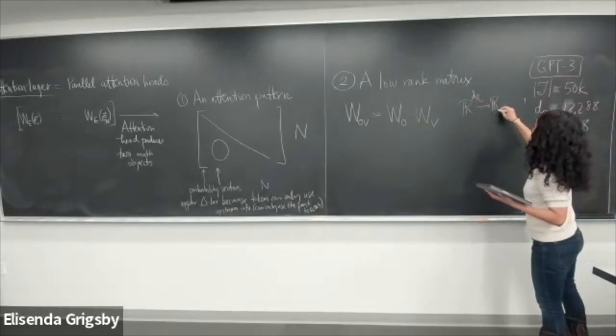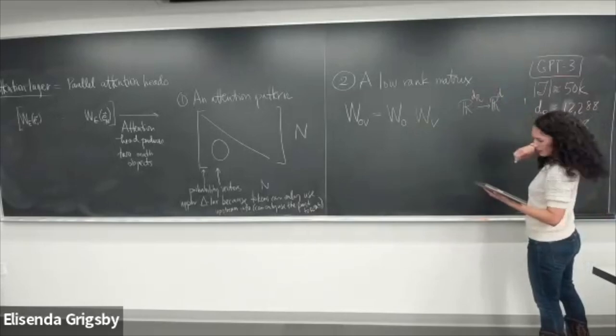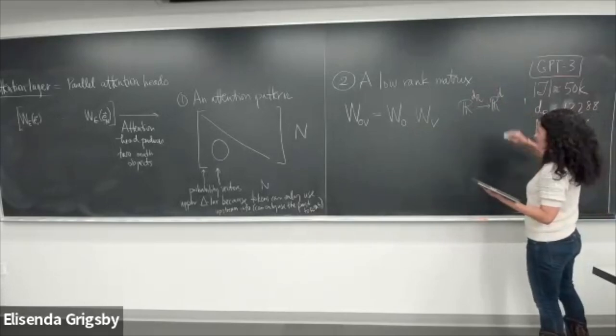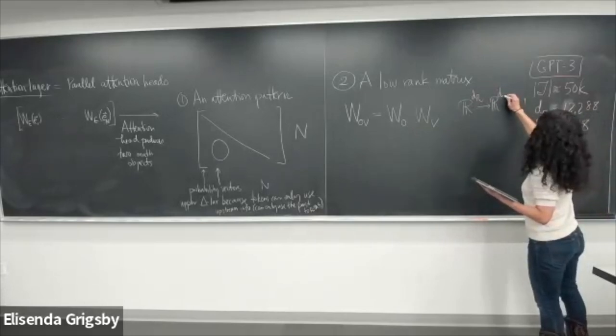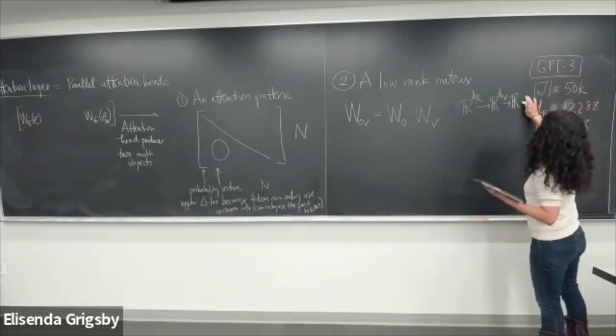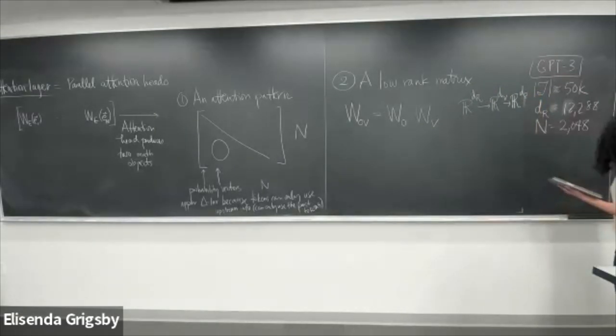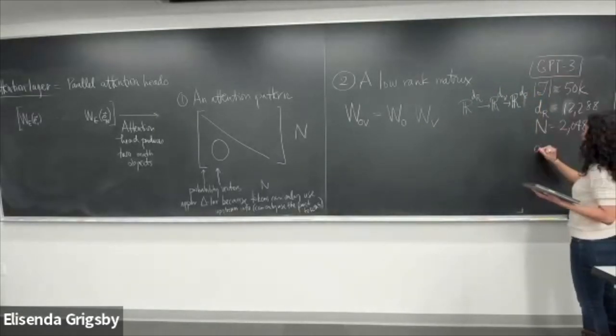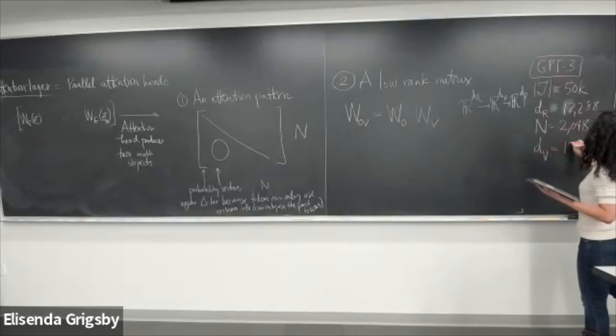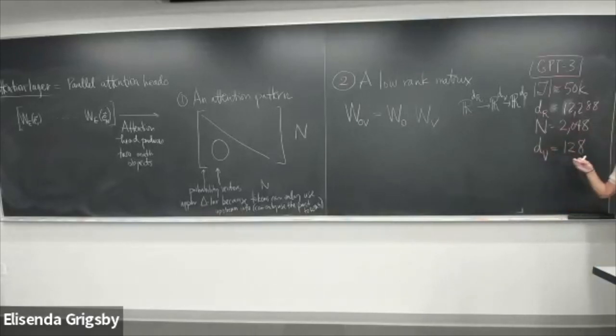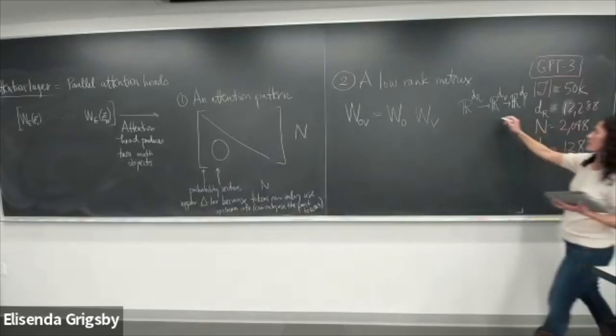Now you have some lower dimensional space. I'll call it the value space, maybe. And in GPT-3, DV is 128. So it's actually quite a lot lower.